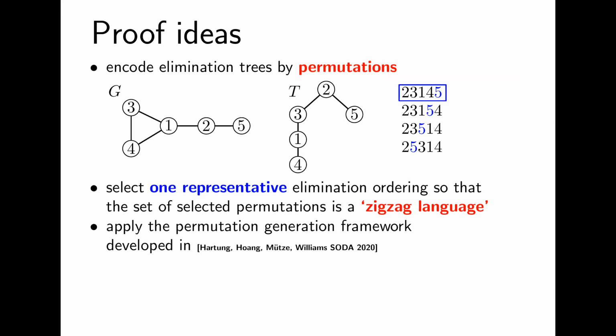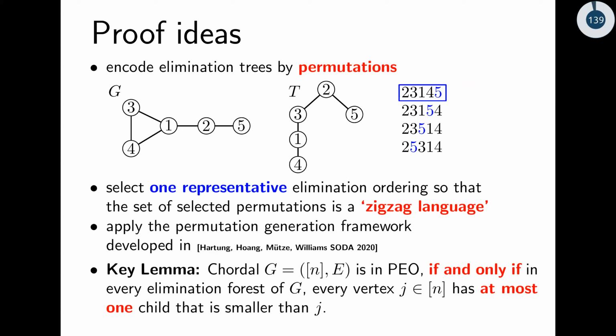And then we apply this framework that we developed in this earlier paper, and just translate all those notions from this paper to the elimination tree setting. And in this way, you also get this algorithm. In this permutation paper, this algorithm is phrased in terms of permutations. And if you translate it to elimination trees, you get this algorithm that I showed you.